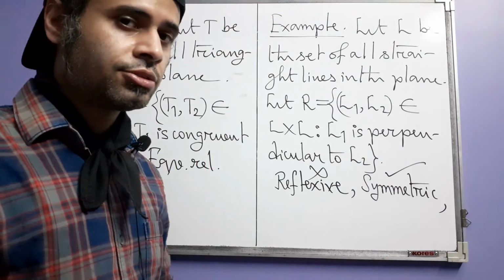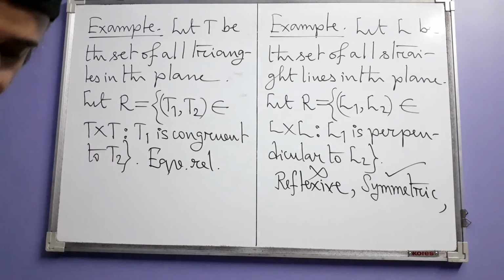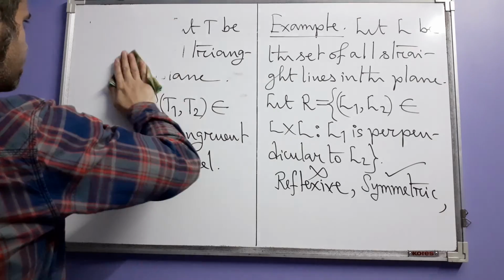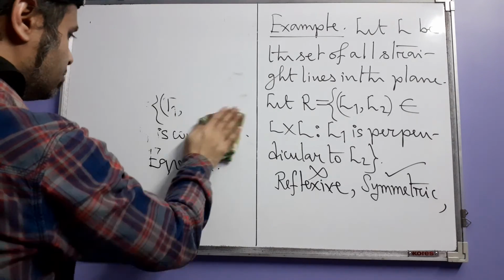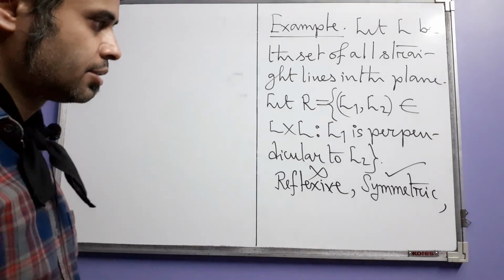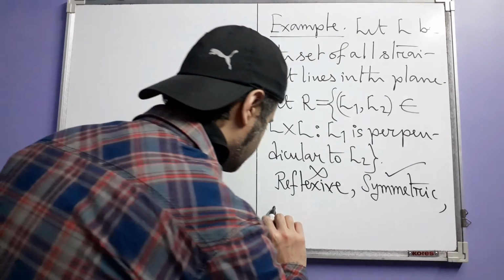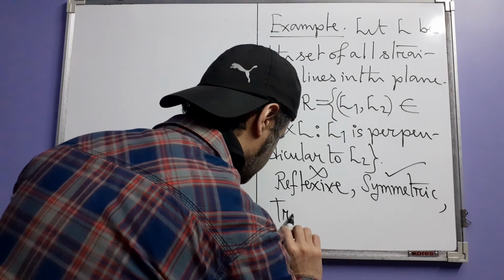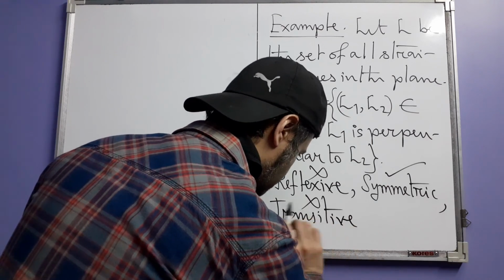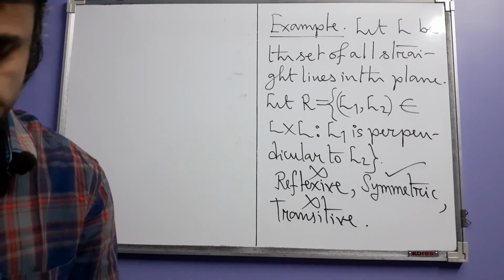No, they are actually parallel. And that is why the relation fails to be transitive. So this is an example of a relation which is only symmetric, it's not reflexive or transitive. No transitivity. So it's not an equivalence relation either.